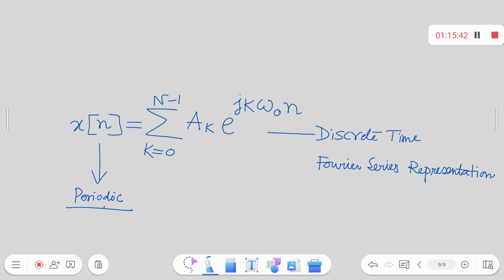Now the question is: why are we interested in finding out or representing this x of n in this particular form? What does that mean?